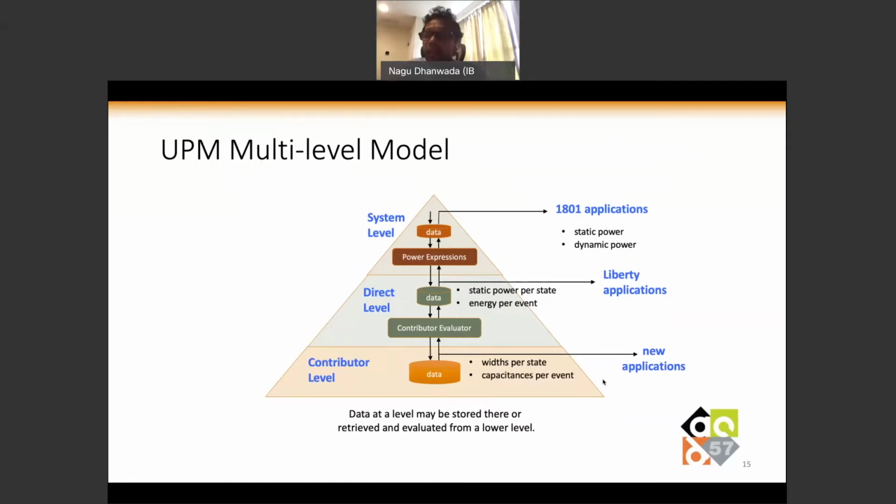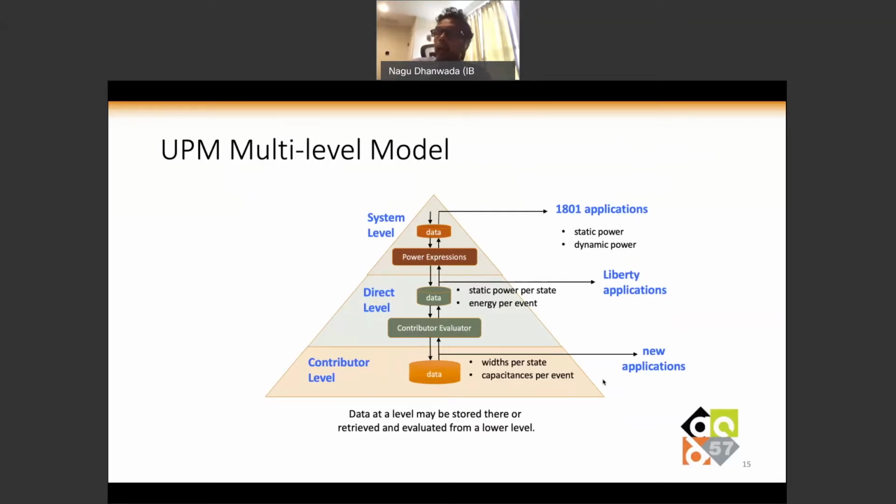And at the lowest level of this multi-level structure would be the contributor level, where the data is stored as contributors, and the contributor evaluator converts this data to static power per state and energy per event to be provided to Liberty applications. In addition to serving up data to the Liberty applications, there could also be new EDA applications that directly consume the contributor level data.